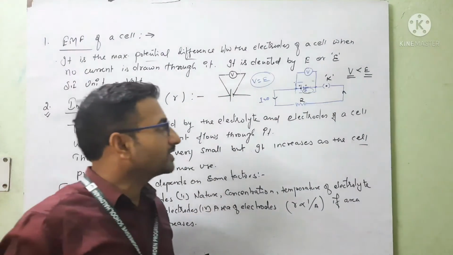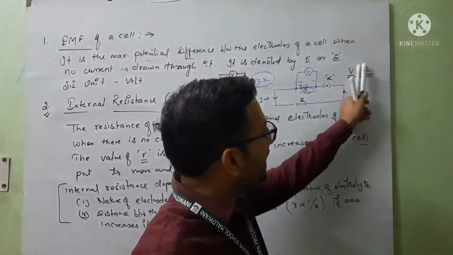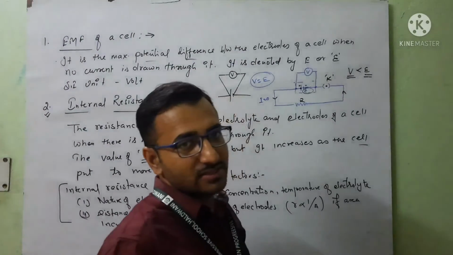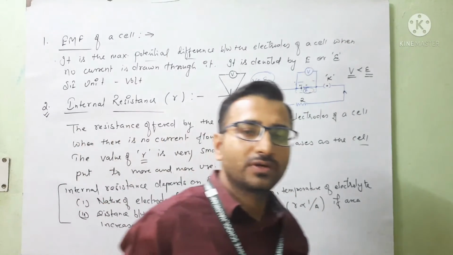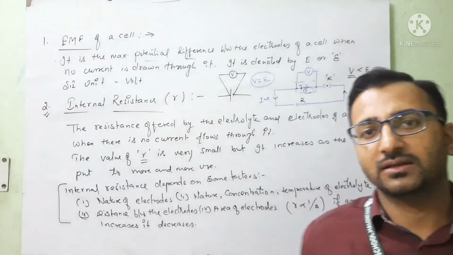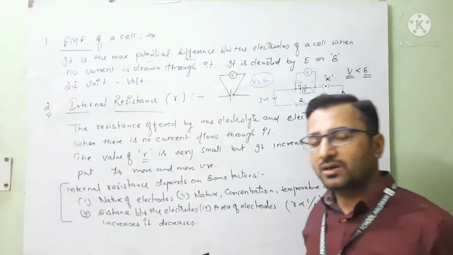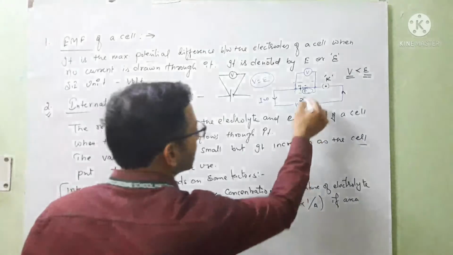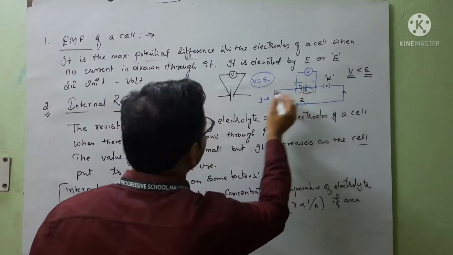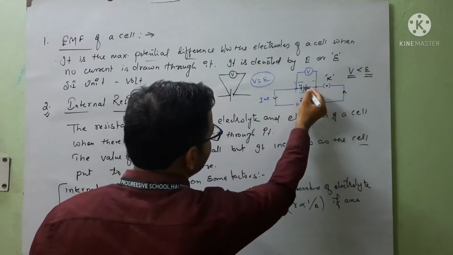And by observation, it is observed how much value is decreased by E, so that we will get the value of terminal potential difference less than the EMF of the cell. So this value is equal to the potential difference, as I have drawn this one very small.